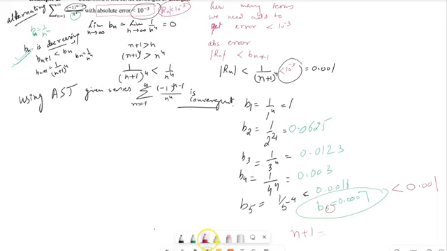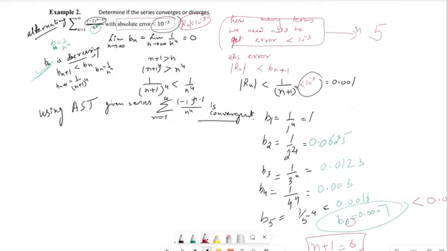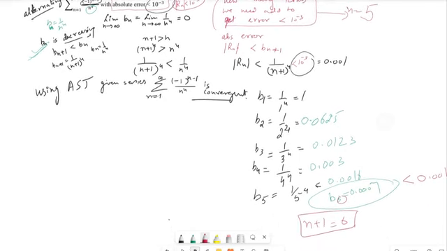So n plus 1 is equal to what? 6. So how many terms are enough to add so that absolute error is less than 10 to the power negative 3 is 5. That is n, okay? Because n plus 1 is coming to be 6, n will be equal to 5.